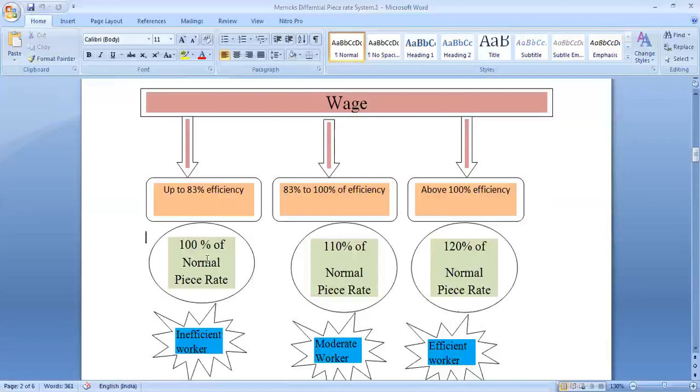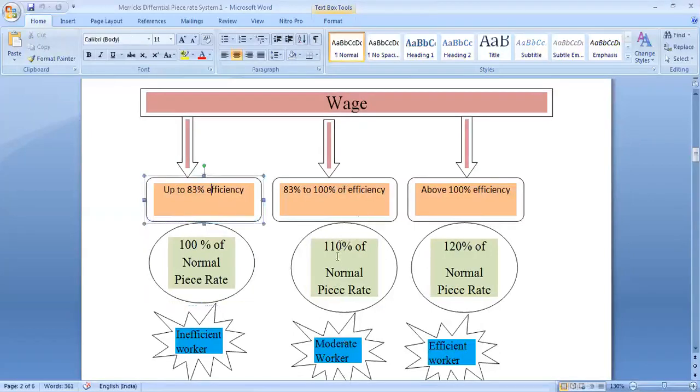For him, we give only the fixed piece rate, say for example 1 rupee per piece. We give only for the units he produces, that much only piece rate for an employee producing less than 83%.